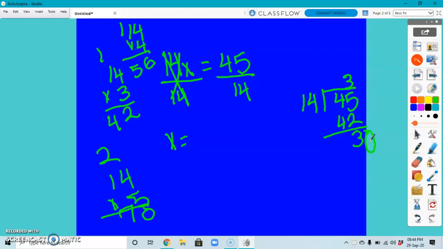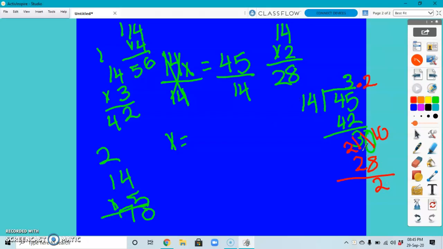You add another 0, and you're going to have to multiply 14 times 2, which gives you 28. So you put your decimal, obviously, and you put 2, and you subtract 28. Do the subtracting: 10 minus 8 equals 2.